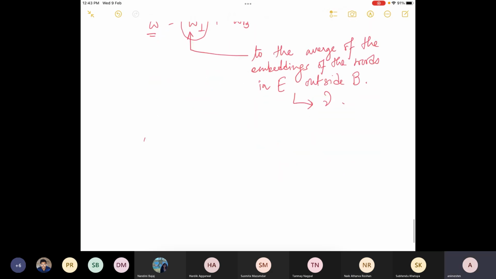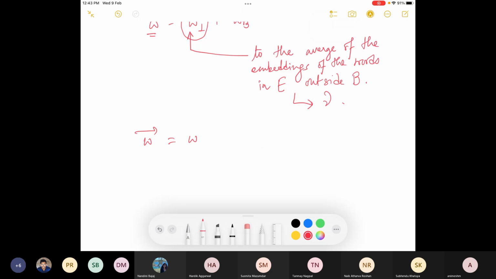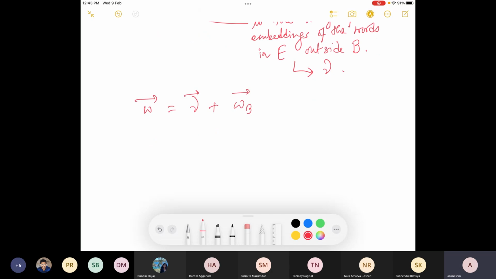So now we have W is equal to nu plus WB. Again, here we want to work with reference to the gender subspace, we want to move everything to origin.